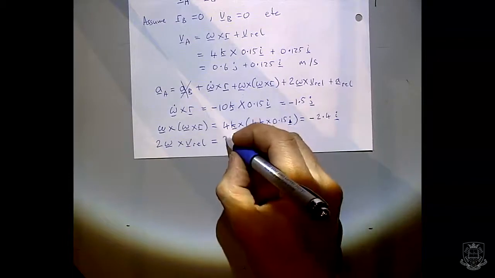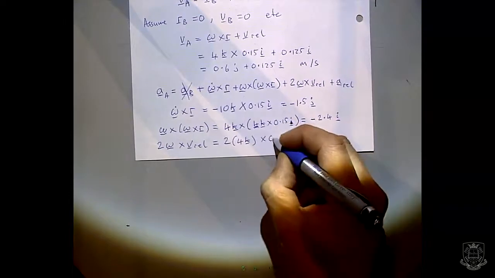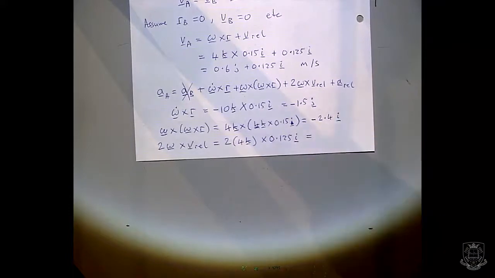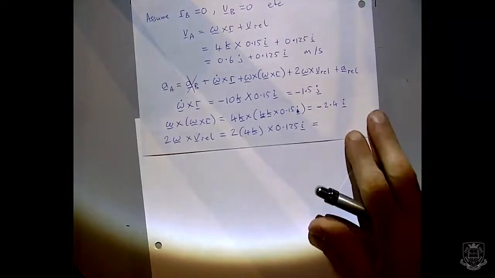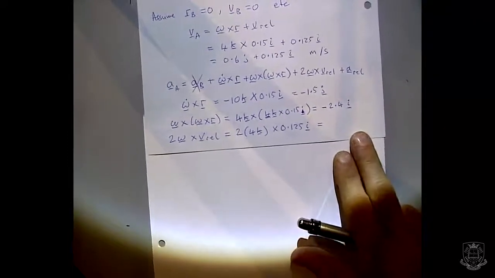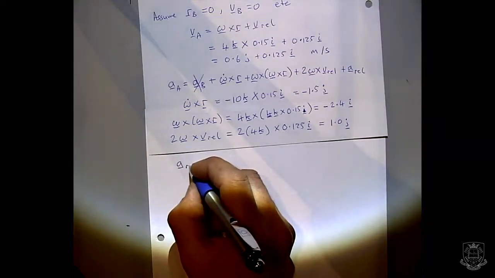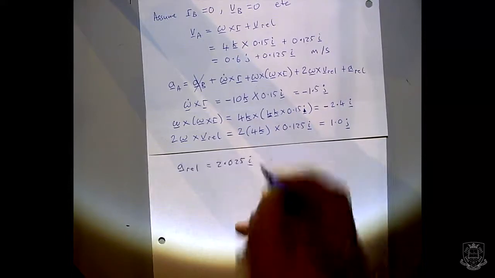That's 2 times 4k in brackets crossed with 0.125 times I. Multiply all that out, and what we get is 1 times j. And we're given in the question that A relative is equal to 2.025 I.